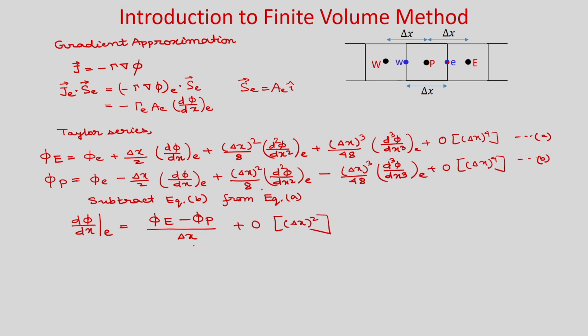You can see the assumption that if phi varies linearly between grid points, then it leads to a truncation error of delta x square. But this is true only for a uniform grid. So, if you use a uniform grid, then the gradient at the phase center is second order accurate, but for a non-uniform grid you will get the order of accuracy as delta x.